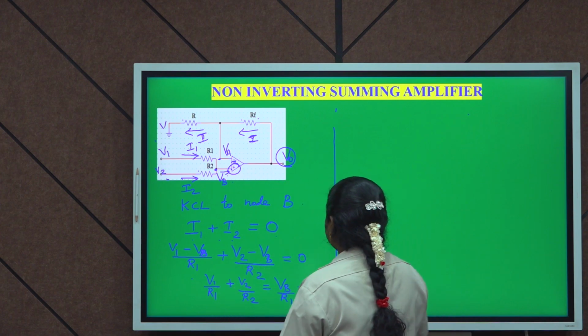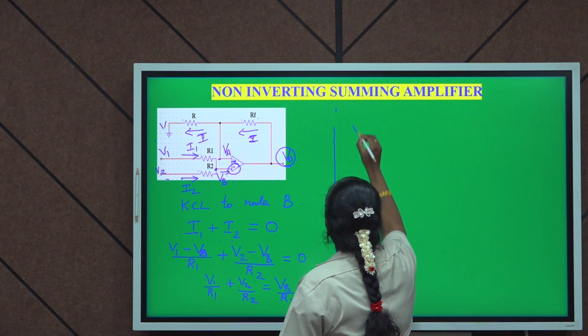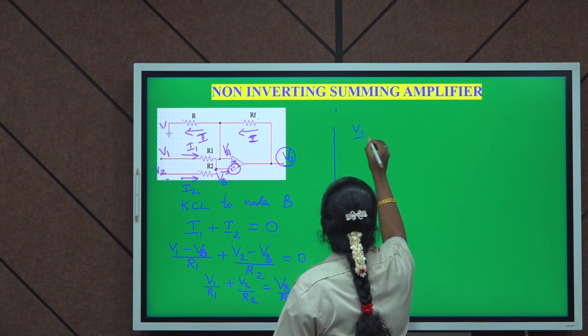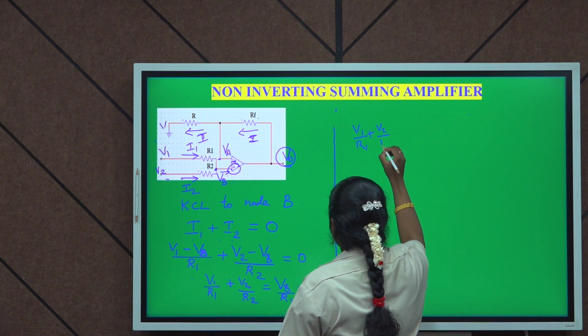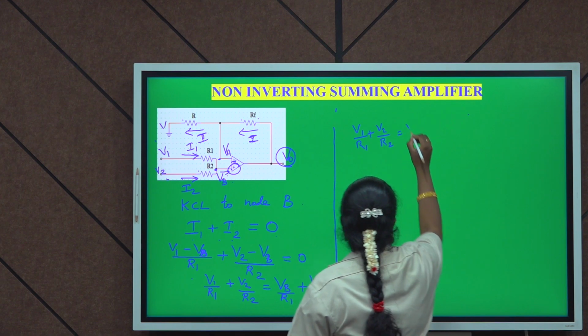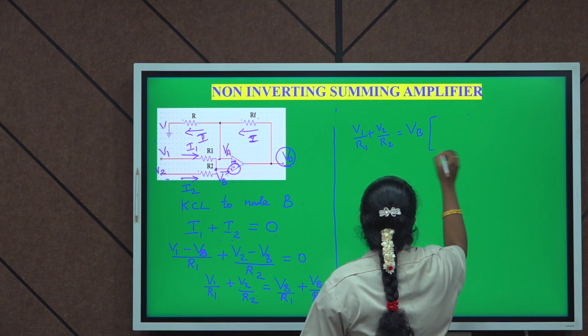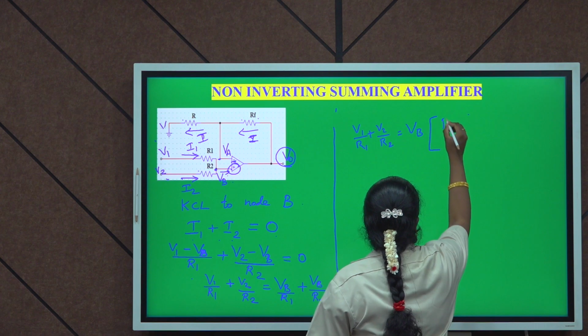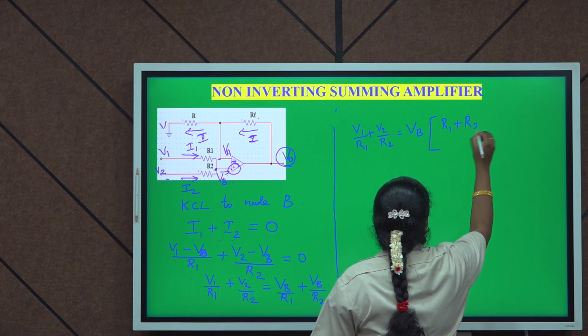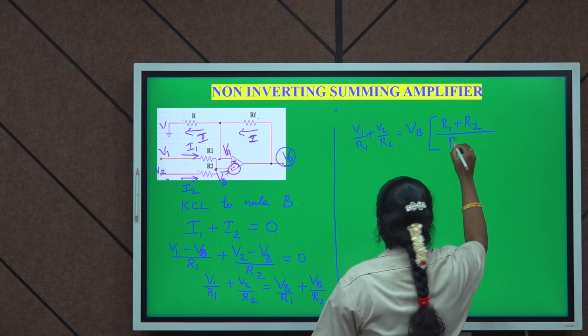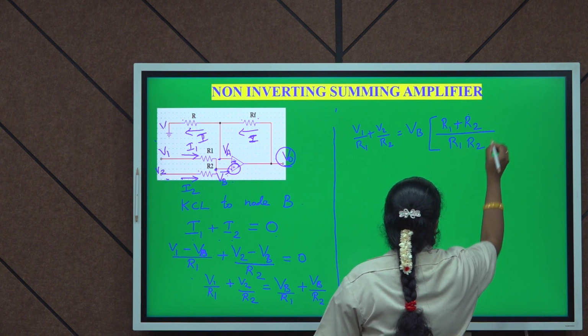We can simplify this: V1 by R1 plus V2 by R2 is equal to VB taken as common, and we can take the LCM, so we can write it as R1 plus R2 divided by R1 into R2.